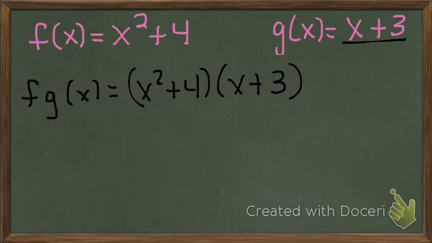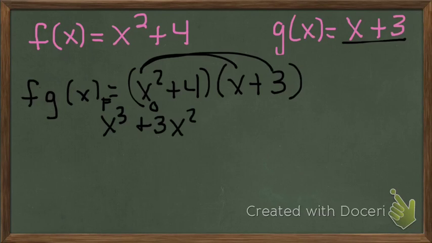If you like the FOIL method: first times first, so there's the f; outside; inside; and then last times last. Then combine any like terms if possible. There are no like terms, so this would be it.